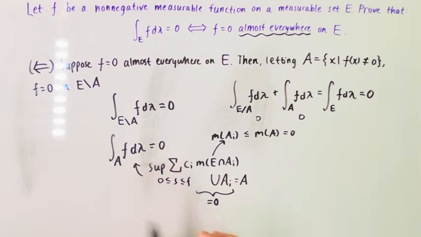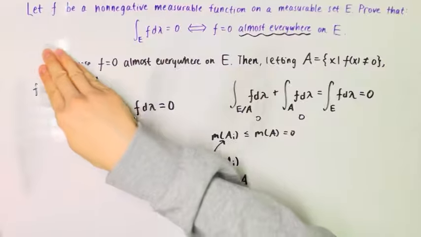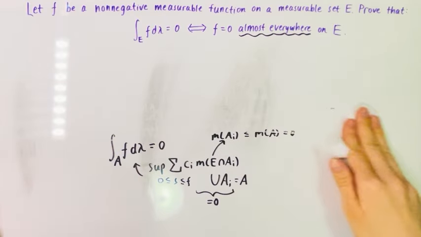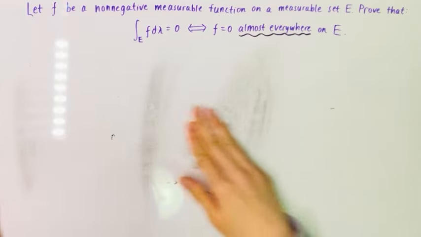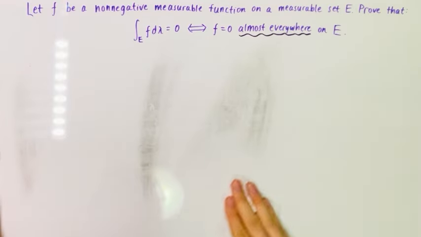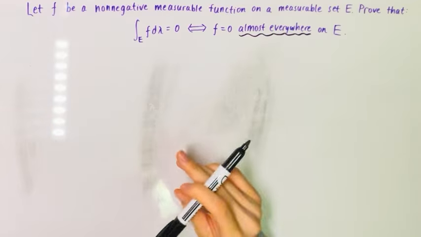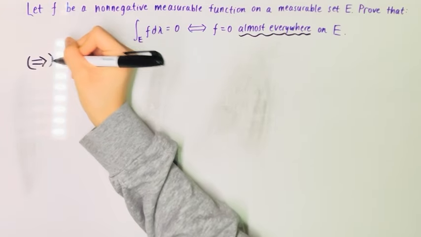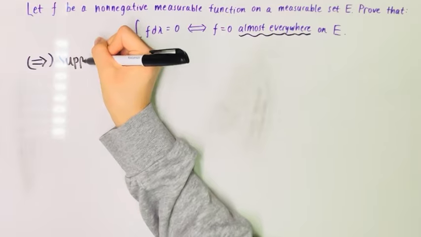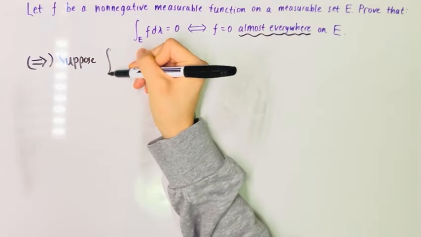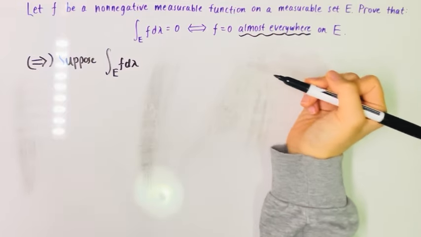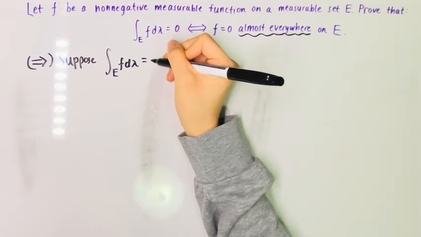Okay, so now let us prove the forward direction. And this direction's going to be a little trickier. So we're going to have to cleverly construct a set for this direction. So now we suppose the Lebesgue integral of f over the set E is equal to 0.